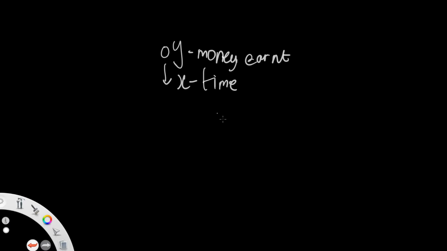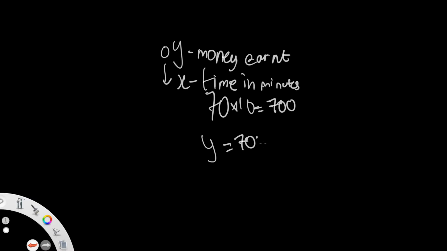Since the manufacturer makes 70 packs of batteries and each pack earns $10, he would make $700 per minute. So we could write y is equal to 700 times the time in minutes. And this would be our function rule.